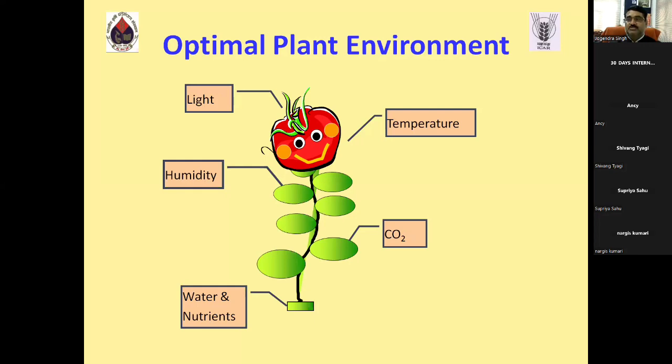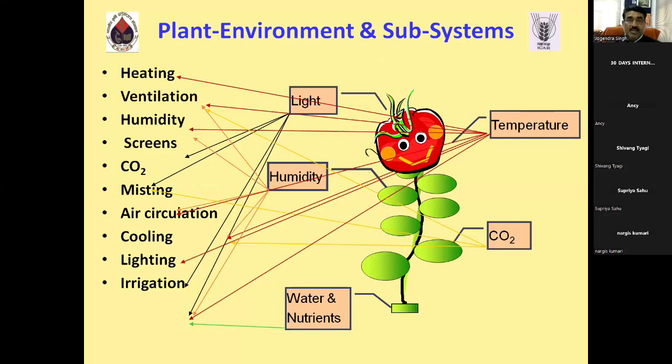Without these components, we cannot promote protected cultivation technology. These are the interactions of the environment inside the greenhouse. How does the crop interact with the environment? See the figures.